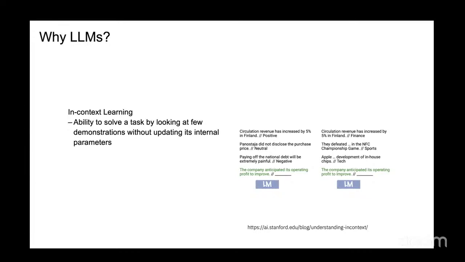I need not go in as an end user and train the model for each and every application. When I have a new task, all I have to do is give it some examples, and based on the examples or demonstrations I've shown, it tries to figure out how to do the task. So that's what was called in-context learning.